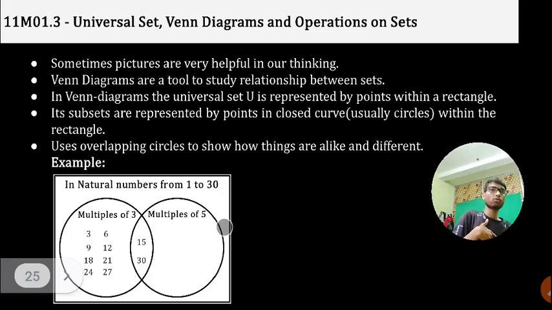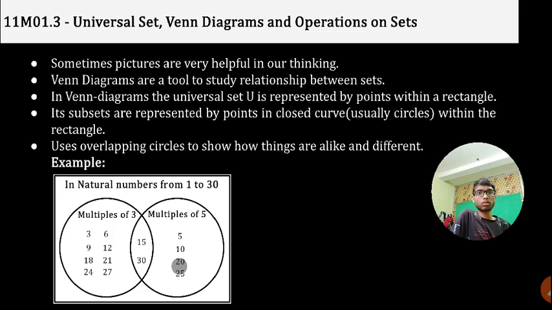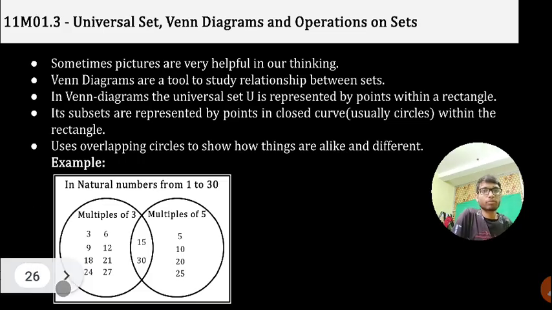Here, multiples of 5: 5 ones are 5, 5 twos are 10, 5 fours are 20, 5 fives are 25, till 25.